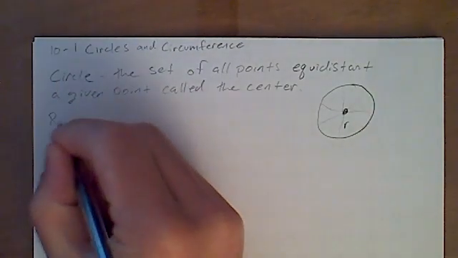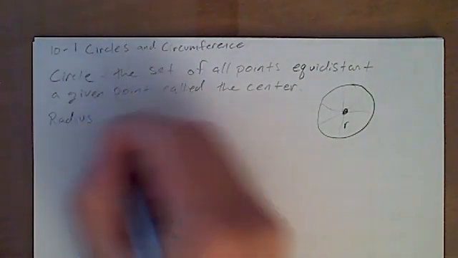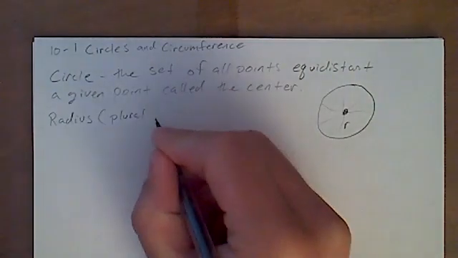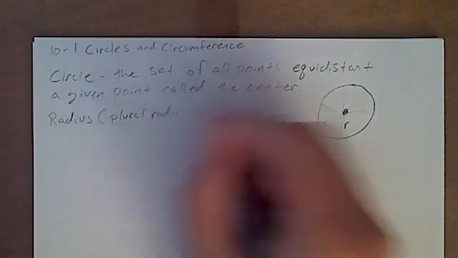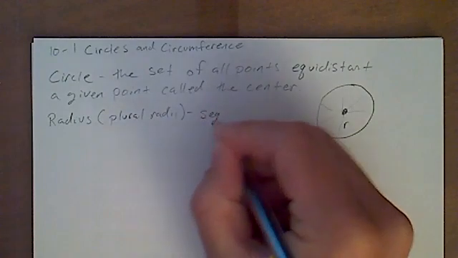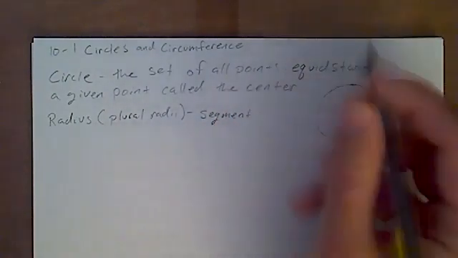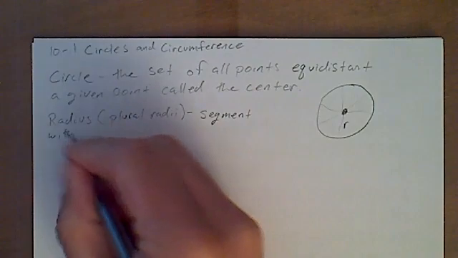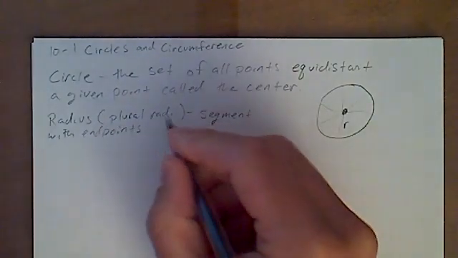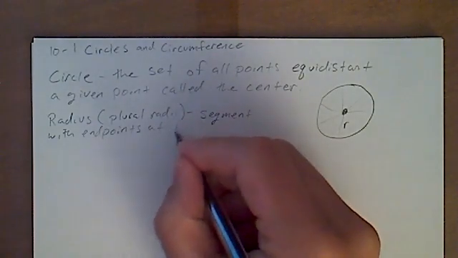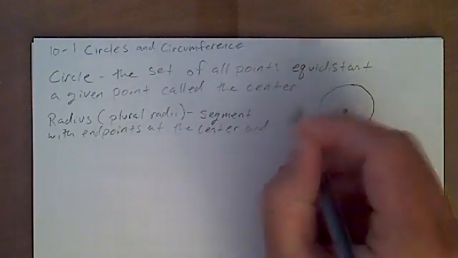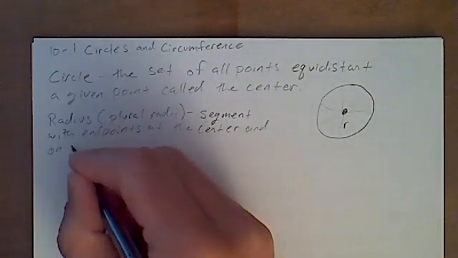So our second term is radius, with a plural of radii. This is a segment with endpoints at the center and on the circle.